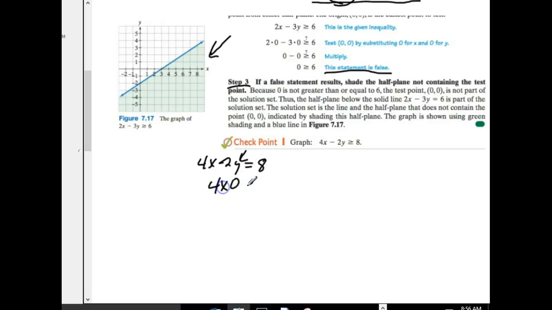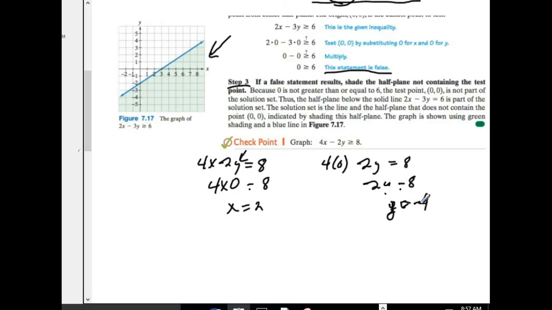So I end up with 4x equals 8, which means that x ends up being 2 on that particular problem. And then as well, if I plug 0 in for the x value this time and solve for the y, I'll be able to find my y-intercept. That's going to be minus 2y equals 8. So y is going to end up being negative 4. Okay?